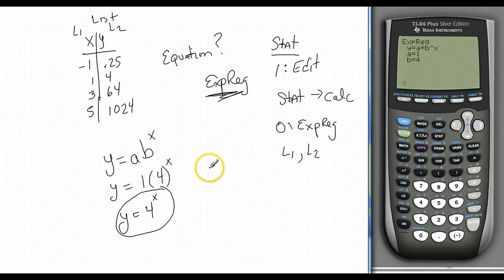Now, what if I want to do a scatter plot? I could just graph these points on a piece of graph paper, or I can have the calculator do it. So let's try with the calculator. Over the y equals, it says stat plot.